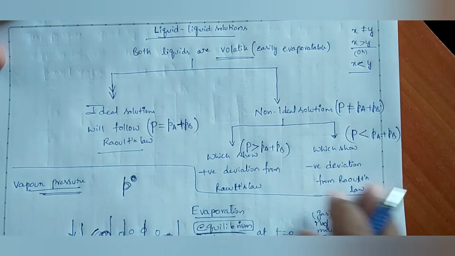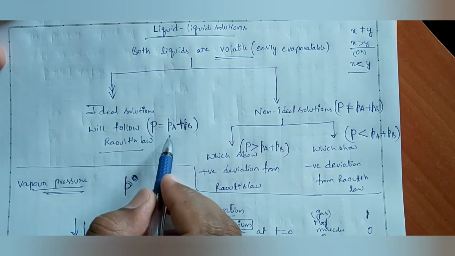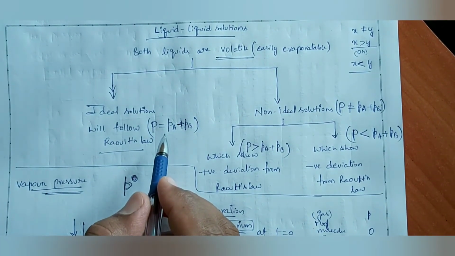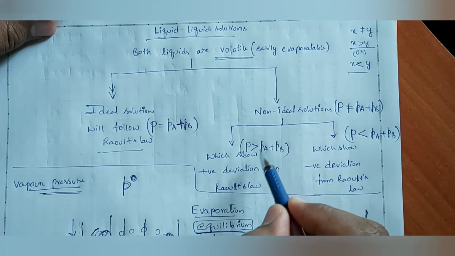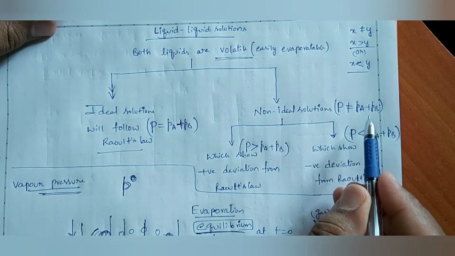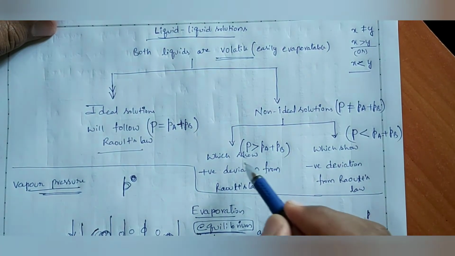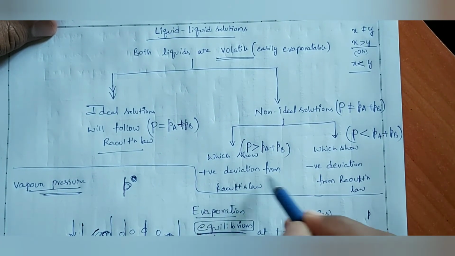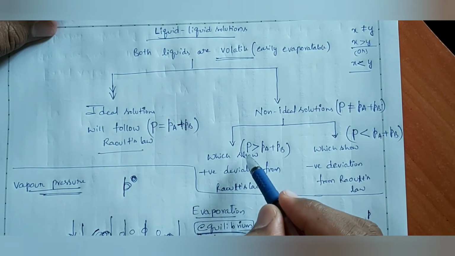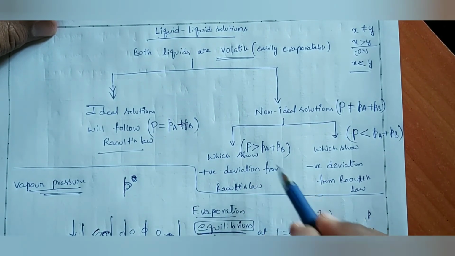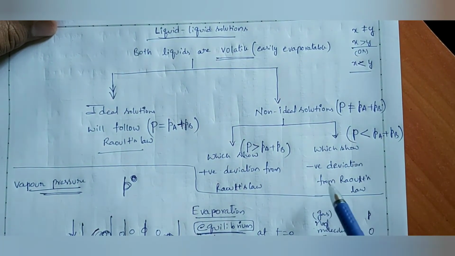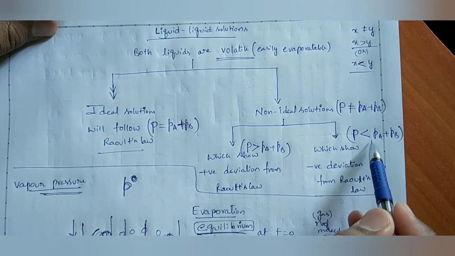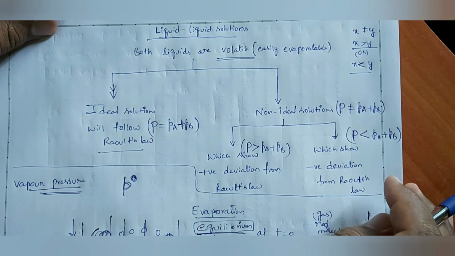So all the three conditions are covered here. If capital P is equal to Pa plus Pb, the liquid solutions follow Raoult's law. If capital P is not equal to Pa plus Pb, again two types are there: positive deviation, in which capital P is greater than Pa plus Pb, and negative deviation, in which capital P is less than Pa plus Pb.